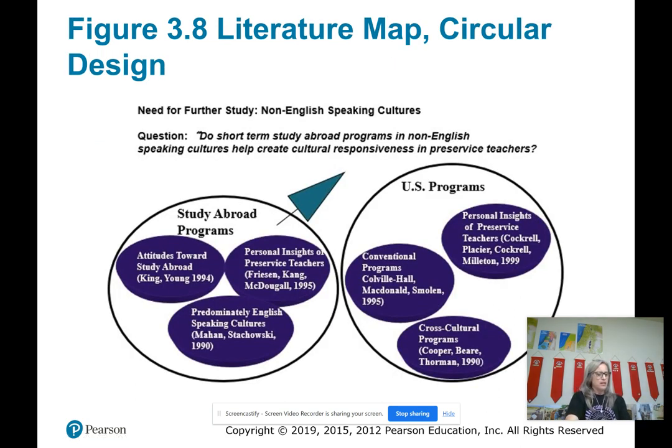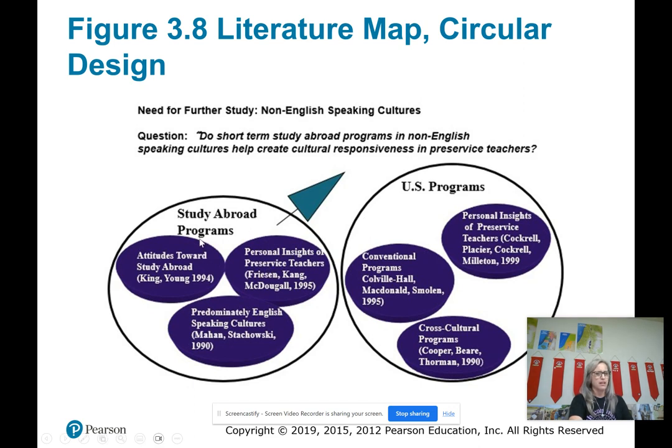Now, here's another way that you could do a literature map. You could do a circle map. Okay, so at the top you have your need for your study, non-English speaking cultures. Then you have a question. Okay, do short-term study abroad programs in non-English speaking cultures help create cultural responsiveness in pre-service teachers? And then here you go. Here's your study abroad programs. Here's your U.S. programs. Okay, the circle labeled study abroad programs.